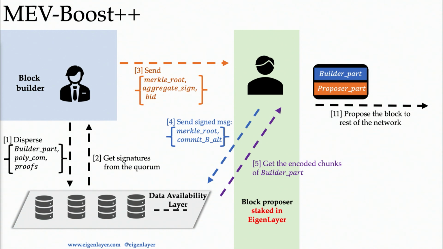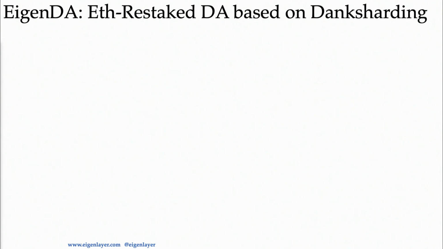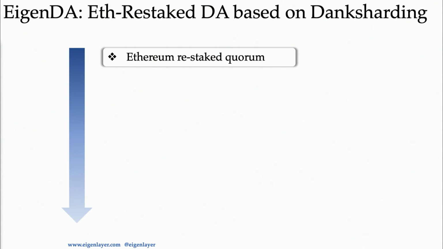Where is such a data availability layer? We have built one called EigenDA. EigenDA is an Ethereum restaked data availability layer built on danksharding. Danksharding is the data availability mechanism proposed for upgrade into Ethereum. What features does this data availability quorum have?